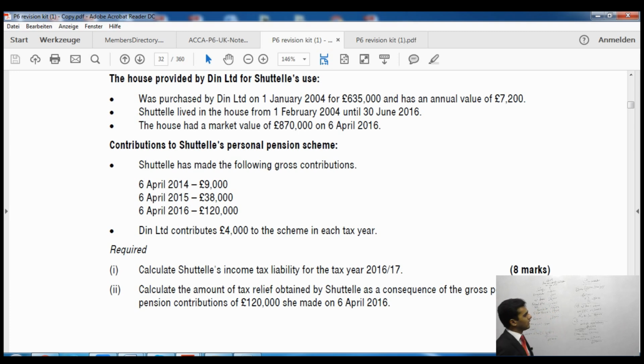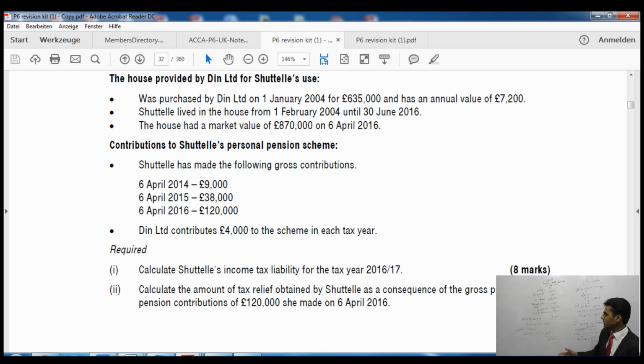So we know that we have already calculated the tax liability after considering the personal pension contribution. Now what we can do is we'll do another same calculation ignoring the gross personal pension contribution. So obviously, if we ignore the gross personal pension contribution, we know that we will not get this personal allowance, so we won't get any personal allowance at all, and our basic rate band will also not be extended, and so likewise our tax liability is going to be higher.